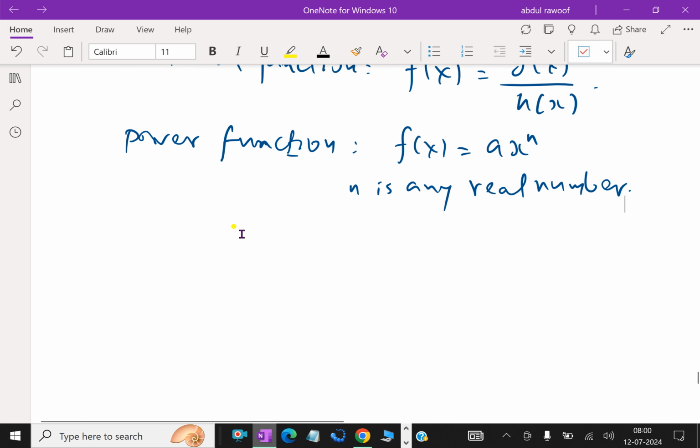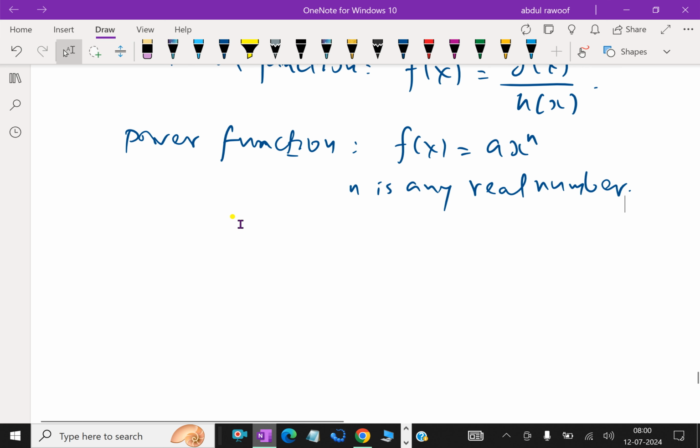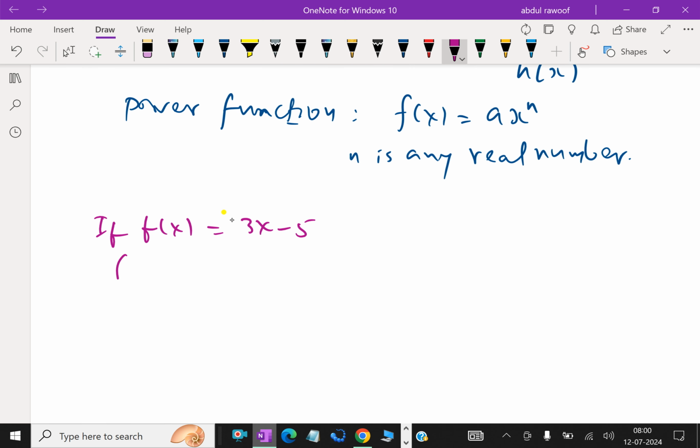Now, for some examples, look here. If f of x equals 3x minus 5, find f of 2. What do we mean by f of 2? Substitute x as 2. 3 into 2 minus 5: 3 twos are 6, minus 5 is 1.